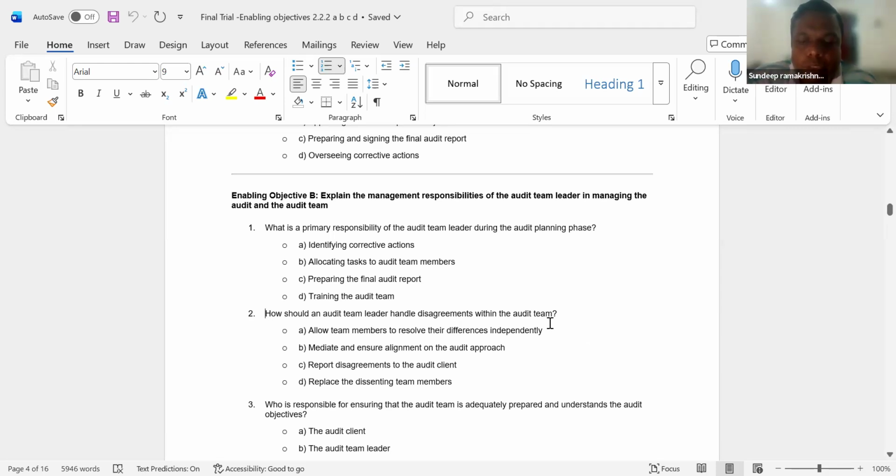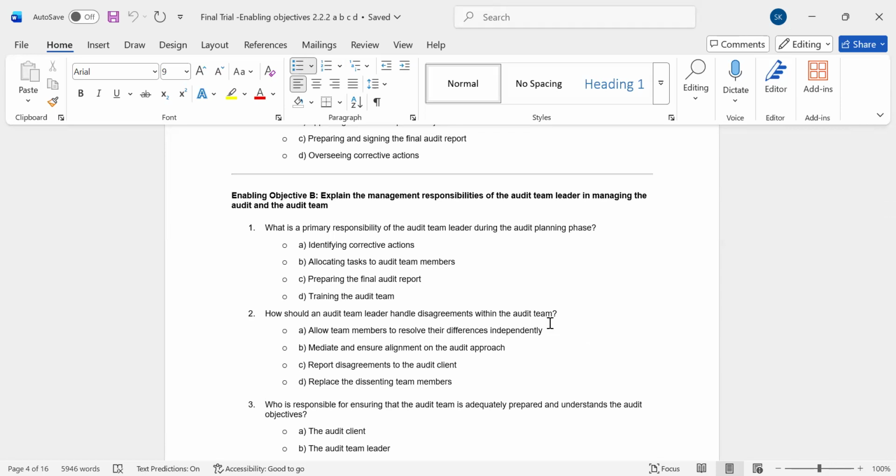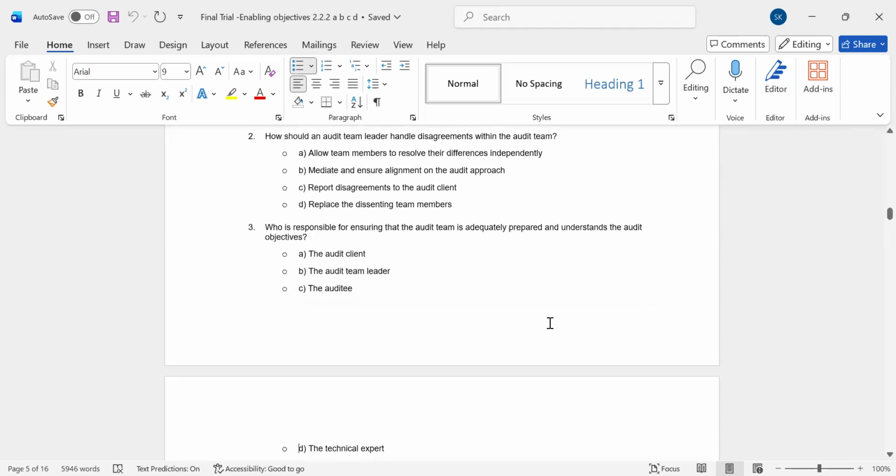Right. Next question. How should an audit team leader handle disagreements within the audit team? Allow team members to resolve their differences independently, mediate and ensure alignment on the audit approach, report disagreements to the audit client, or replace the dissenting team members.